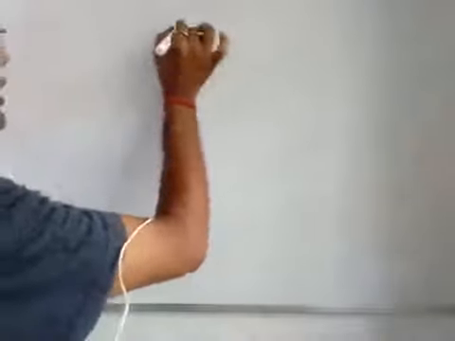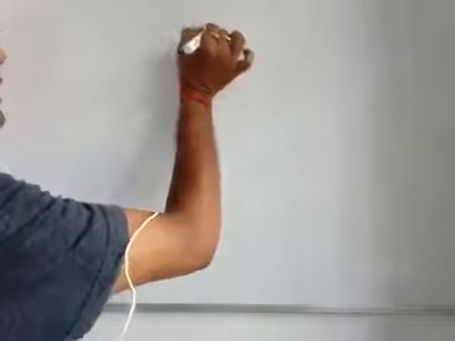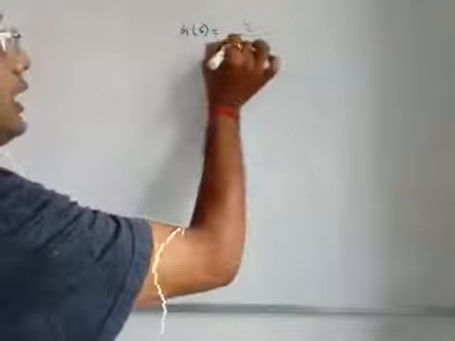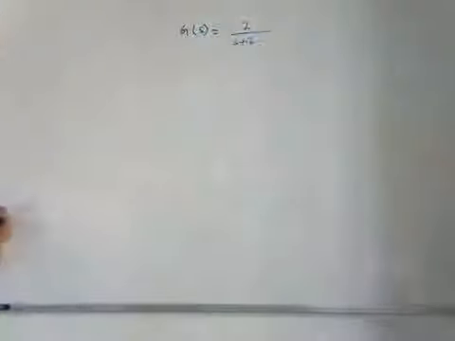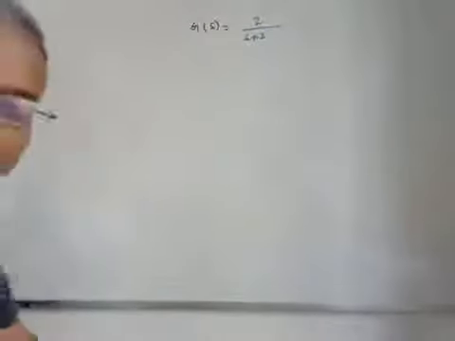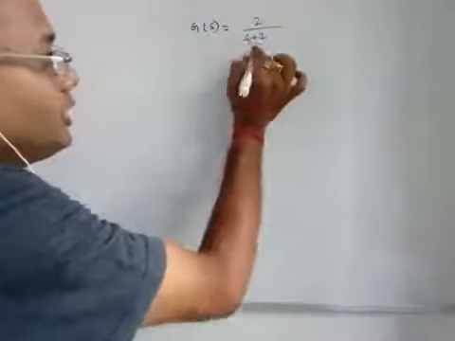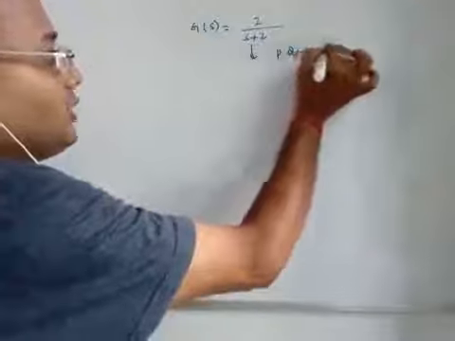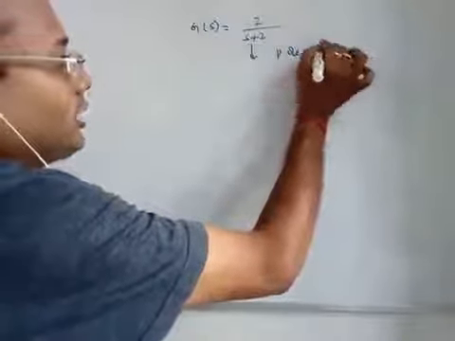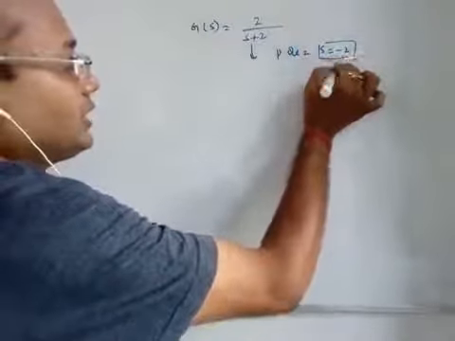Say, for example, we are considering G(s) equal to 2 by (s plus 2), right? This is the transfer function of a first order system. From there we get the pole. What is the pole location? s is equal to minus 2. That means this is a real value.